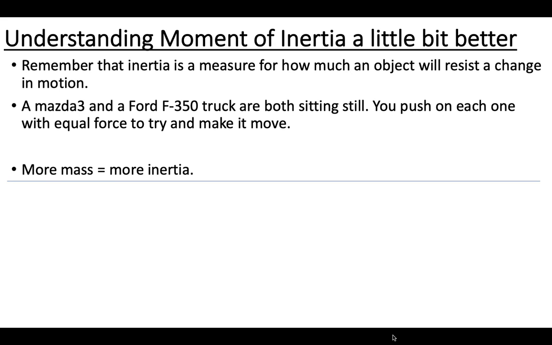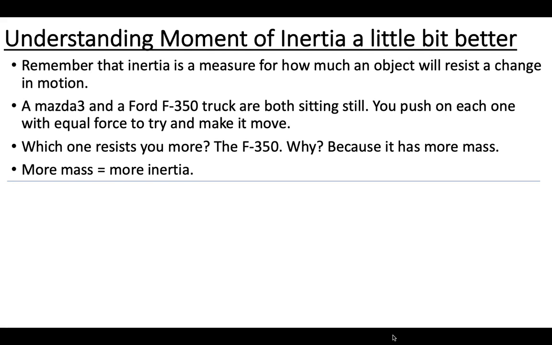Which one is going to resist your push more, the Mazda or the Ford F-350? It's the F-350. Why is that? That's just because it has more mass, and more mass equals more inertia. So the more mass you have, the more you will resist being pushed, right?